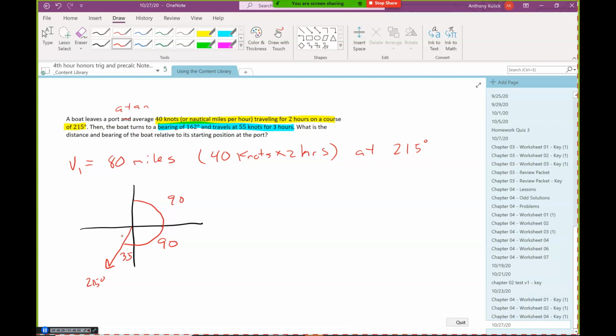To make 90 down below. Is everybody okay with how I got the 55? 35 plus 55 gives me 90. So my angle of rotation is 235.